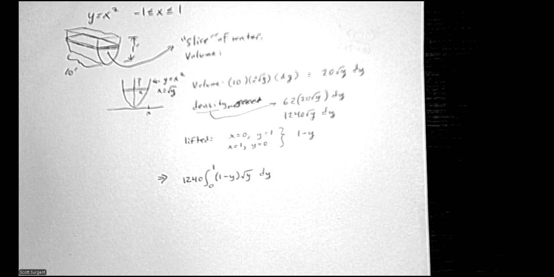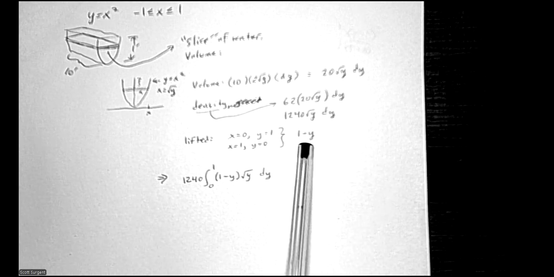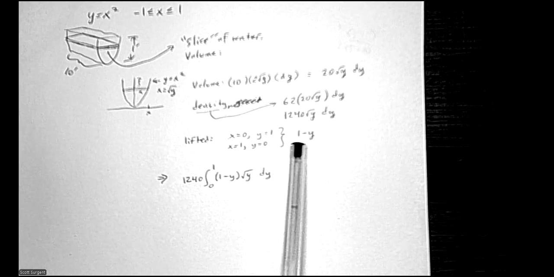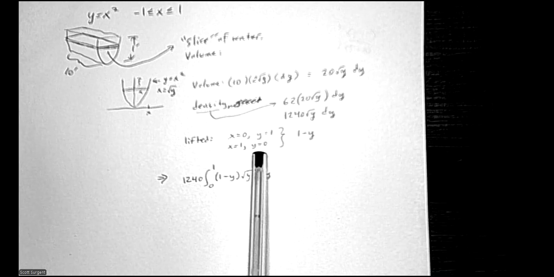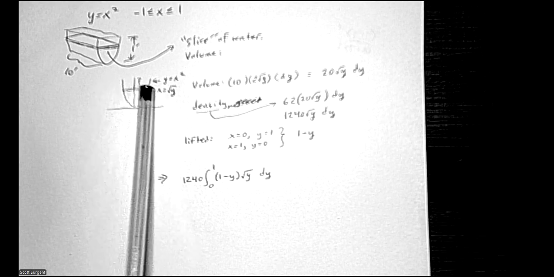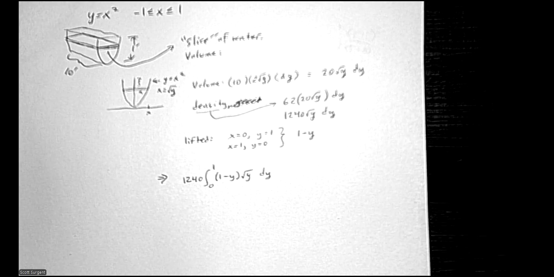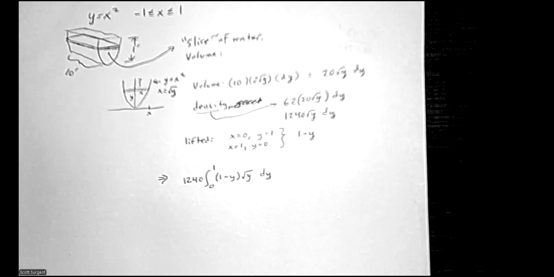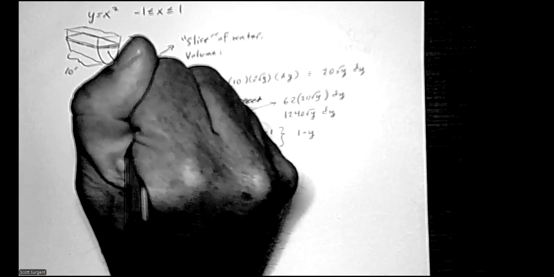Okay. What do you guys think? I'm feeling pretty comfortable about this. Do you see how I came up with this? This slice is y units above the x-axis, so it has to be lifted the remainder, which is 1 minus y.